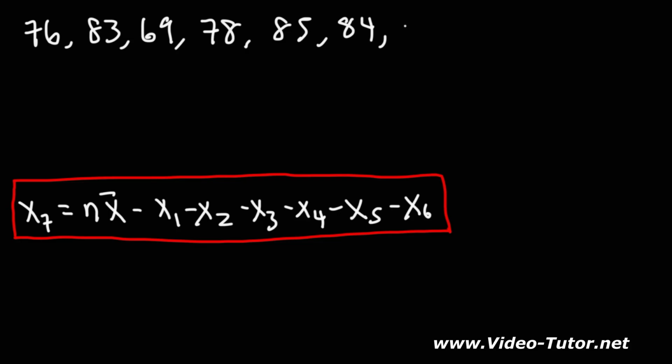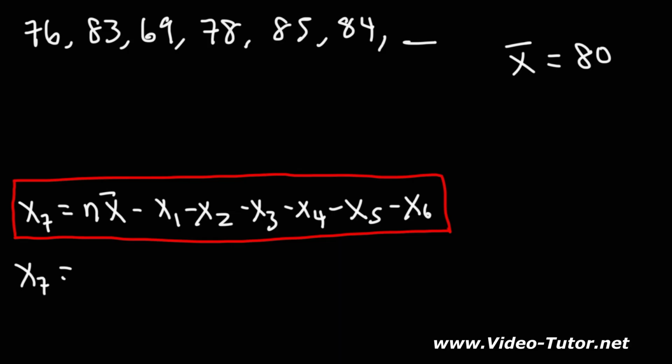Actually, wait. We need 6 exams here. So he wants to find the score he needs on his 7th exam in order to get an average of 80. So we could simply use this formula.